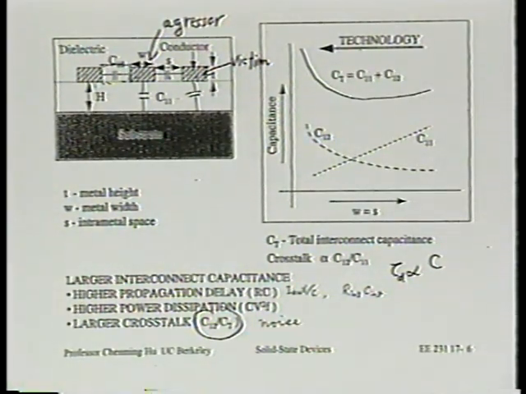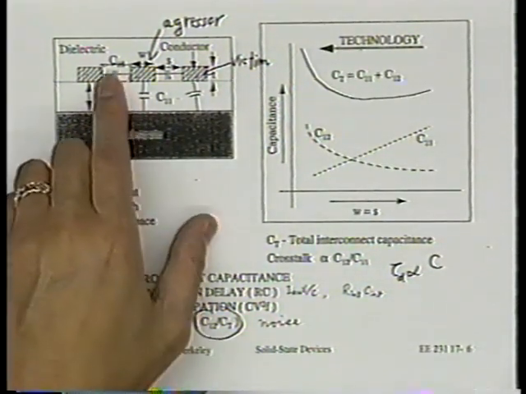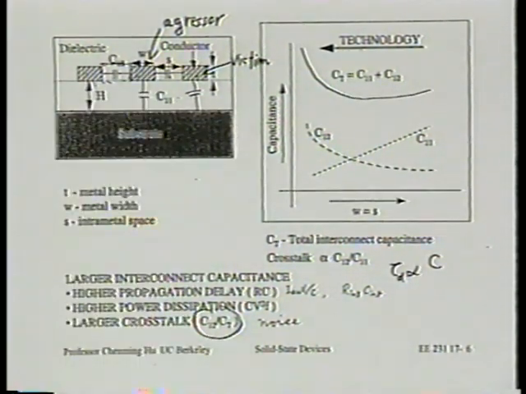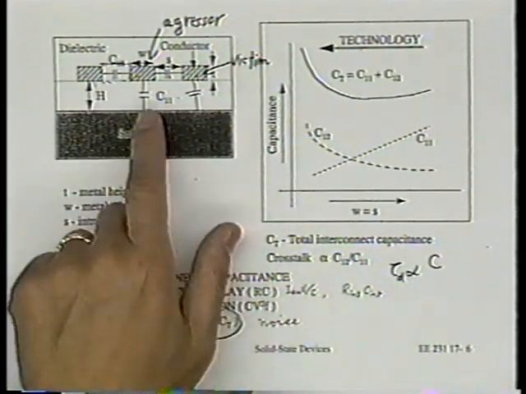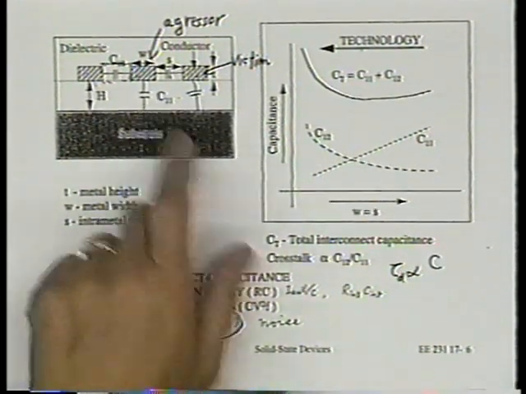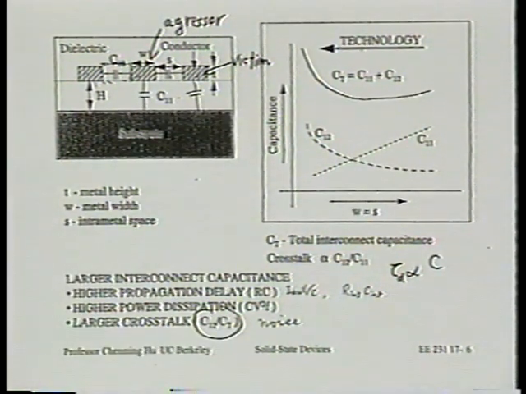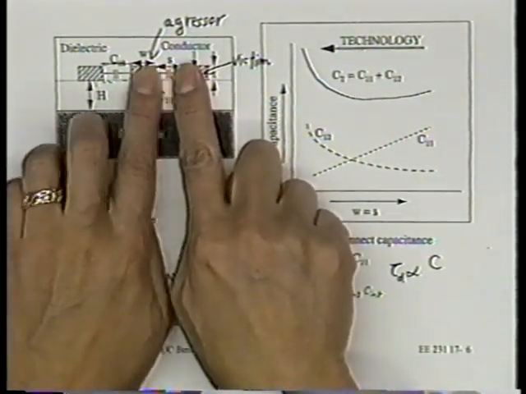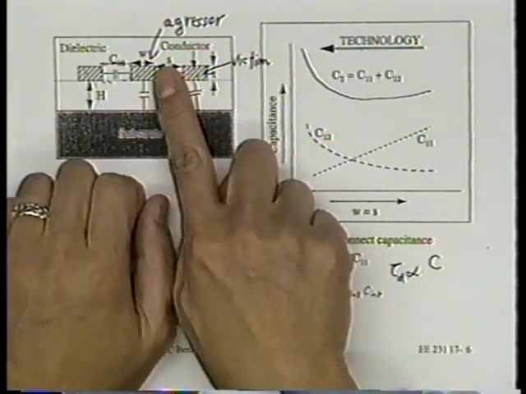What technologists have to do is, for example, in choosing this low K dielectric, decide where to put it, the thickness of the interconnect, and how hard you want to try to develop the etching technology. Do you really want to minimize the gap, or do you want to minimize the width of the metal?